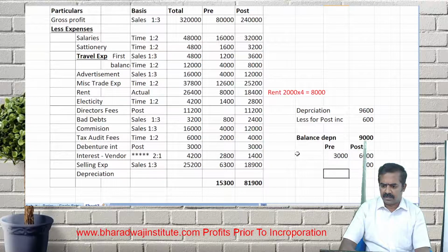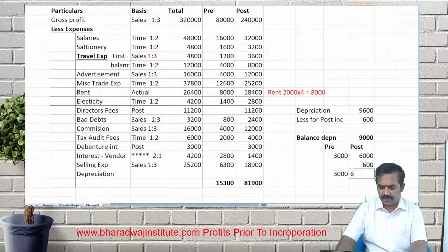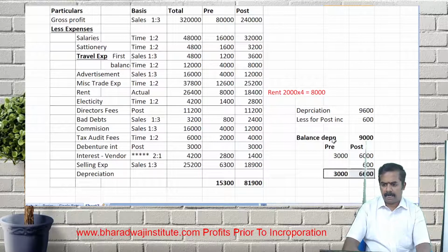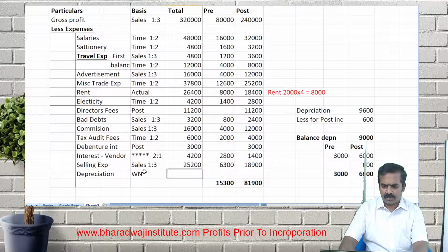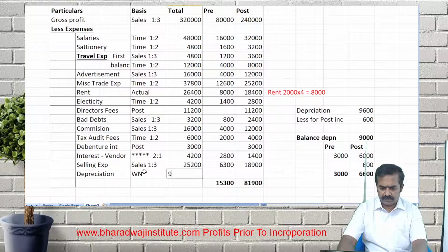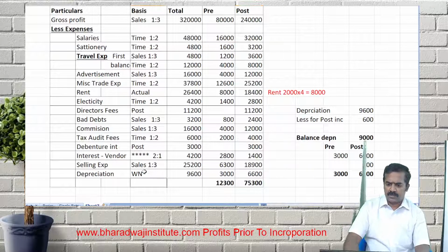So pre incorporation க்கு 3,000 வரும், post incorporation period க்கு 6,600. So working note: 3,000 is for pre incorporation and balance 6,600 is for post incorporation.